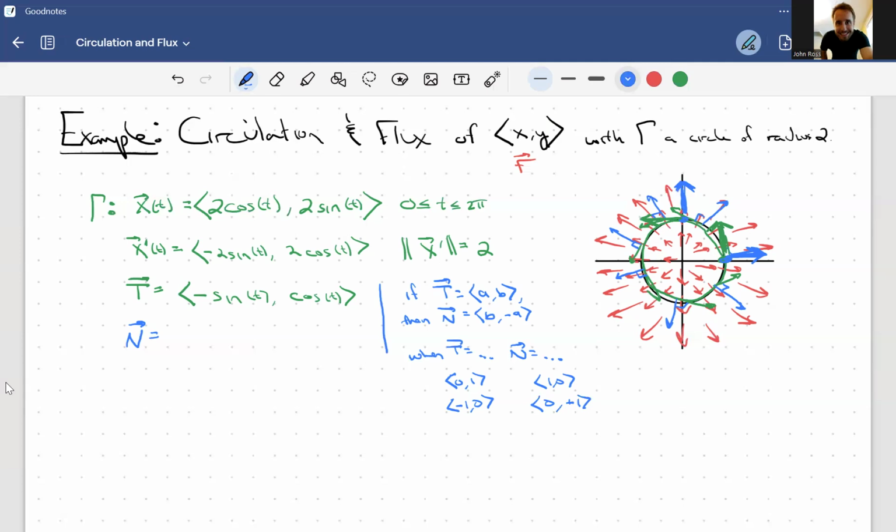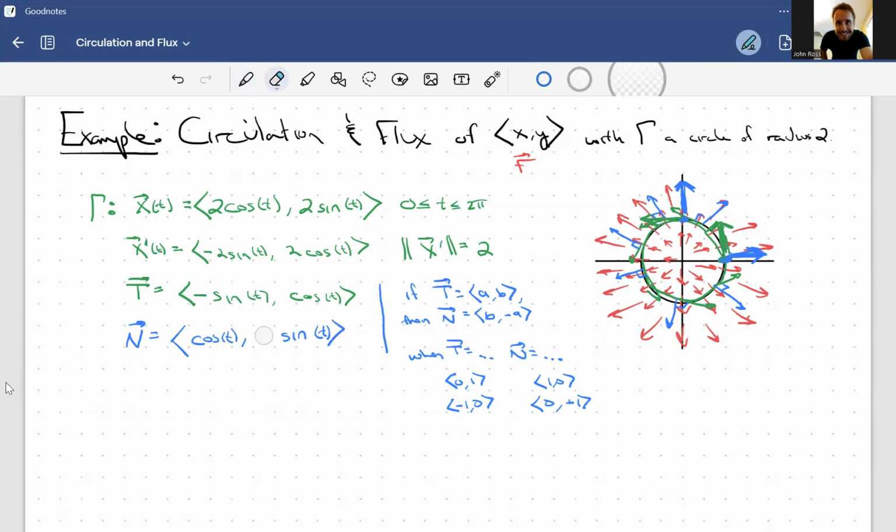And now, what does that mean for our specific unit normal vector? Well, if our unit tangent vector was negative sine comma cosine, our unit normal vector, all of those blue vectors that you see sketched in the image, will be cosine comma negative sine. So in other words, we just get cosine of t comma sine of t.